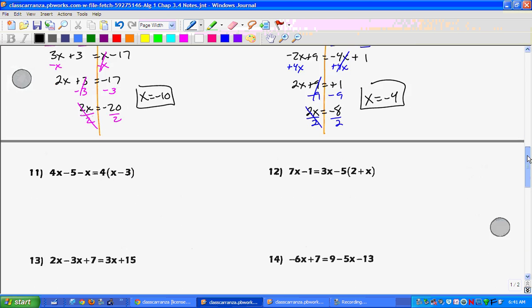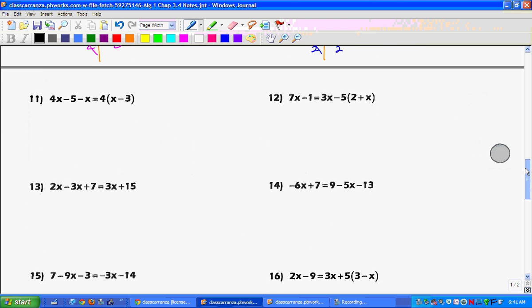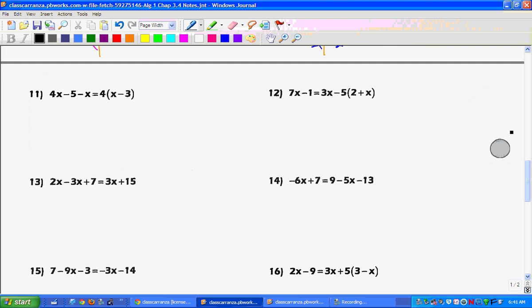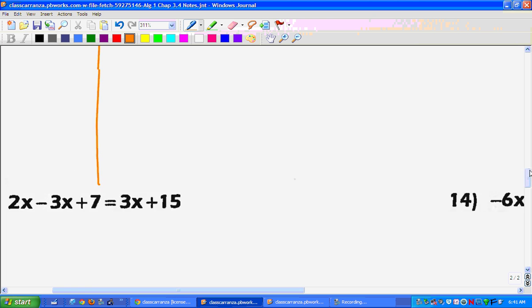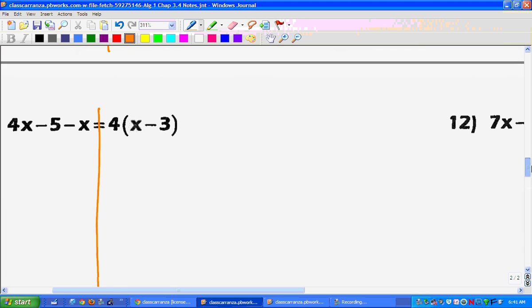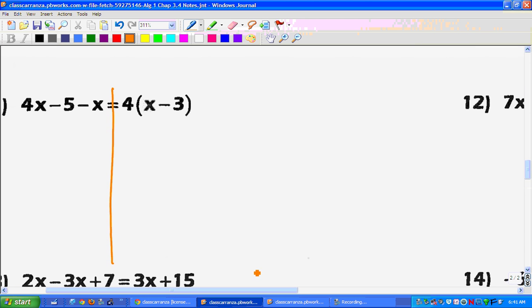All right, let's keep rolling. All right, 11. Let's zoom in a little bit because this one's going to be a lot of work and I want to make sure I have enough room to write everything down. Let's simplify that side over there and distribute, and we get 4x minus 12.